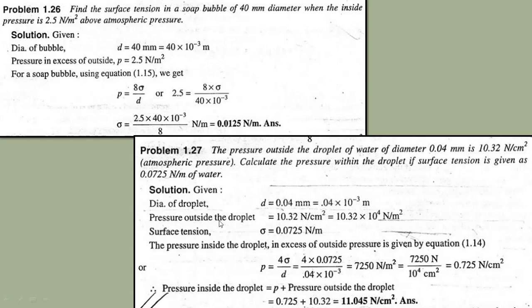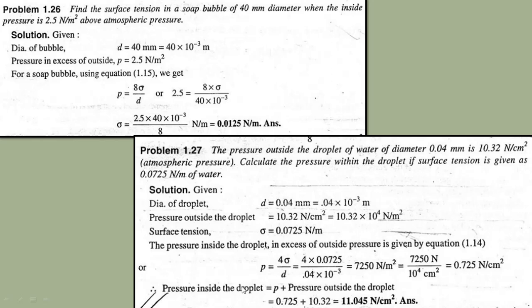Pressure outside the droplet is 10.32 Newton per centimeter square, which is 10.32 into 10 raised to 4 Newton per meter square. Surface tension sigma is equal to 0.0725 Newton per meter. The pressure inside the droplet in excess of outside pressure is given by P is equal to 4 sigma divided by d. For these values, find the pressure.